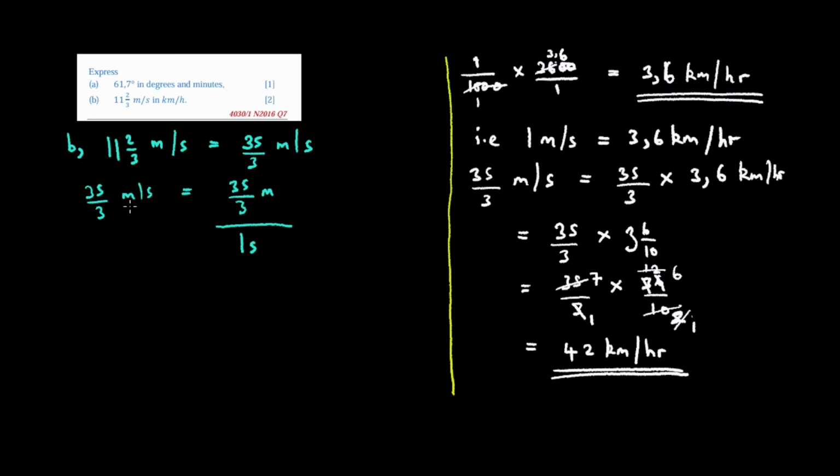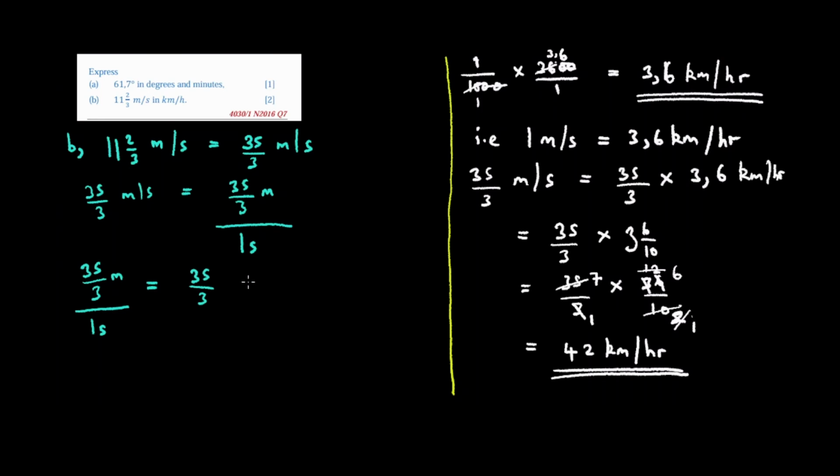Okay, then we want to take 35 over 3 meters per second and write it in kilometers per hour. 35 over 3 meters will be 35 over 3.